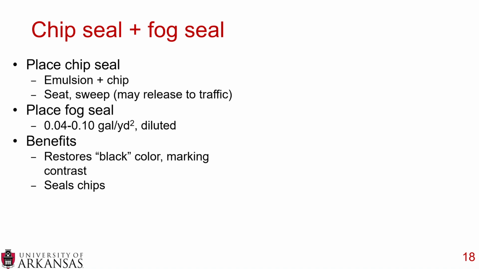The instant they placed that fog seal, the complaints stopped because people thought a new road was placed down. So this is a very, very inexpensive way to get a very nice looking road that the traveling public is happy with. And it also seals those chips and provides marking contrast. So you got a little bit of safety in there, and you have a little bit more of an extension.